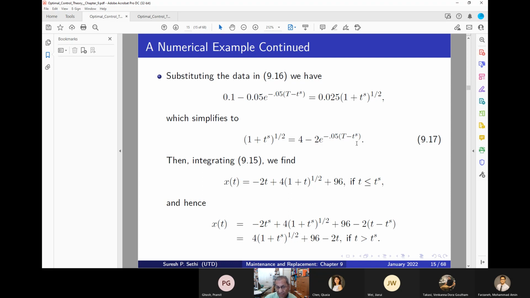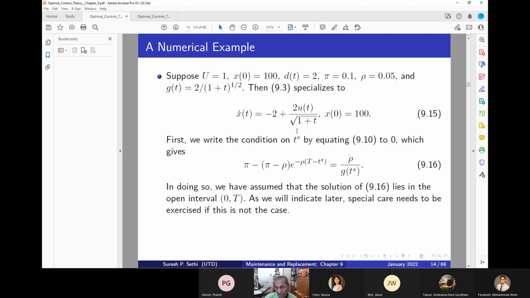Once I know Ts, I can integrate the x dot equation, which is the 9.15 here. But now in integrating this equation, I have to first integrate up to Ts. And up to Ts, my control is U, capital U. So I have to integrate that equation with the capital U here, and then get all the way to Ts. And after Ts, I would switch the control to 0 and integrate again, given the initial condition at Ts.